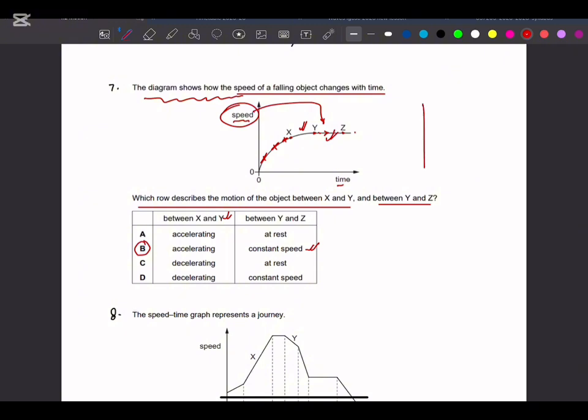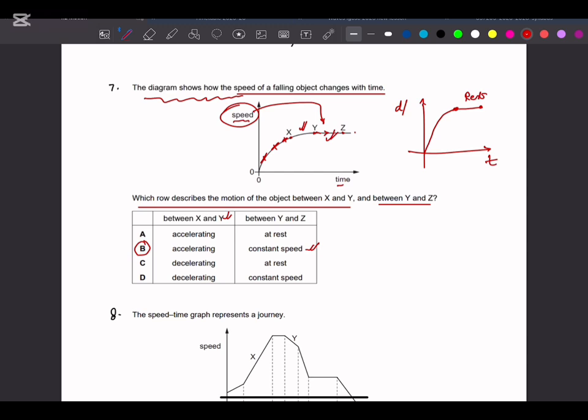If you have a distance time graph, suppose like this, with d here and time along the x-axis, then this part is showing you that there is no change in the displacement, meaning the body is at rest. But in this case, the body is not at rest, the body is still moving. Only the speed is constant.